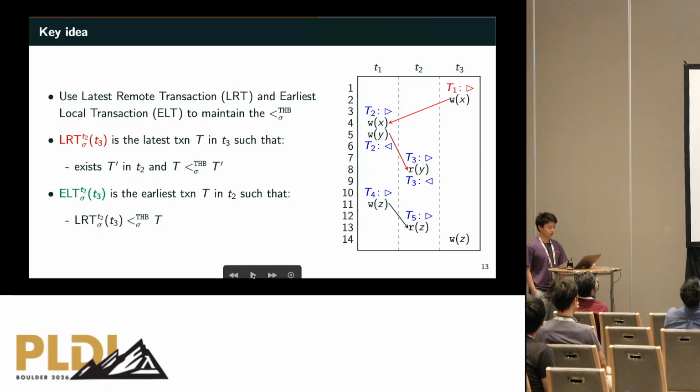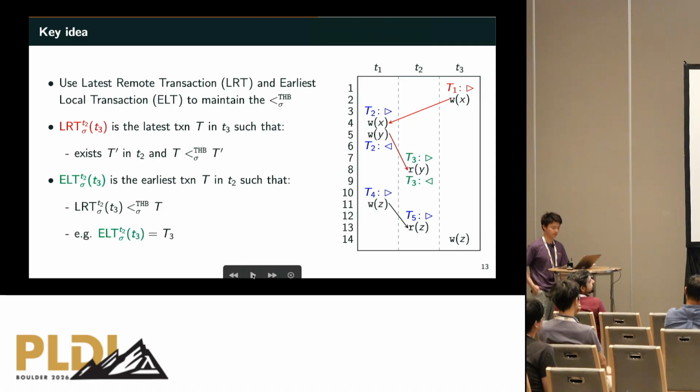The earliest local transaction is the earliest transaction in T2 that is reachable from the LRT. So in this example, the earliest transaction in T2 is actually T3, because it's the first transaction reachable from the LRT, which is T1.